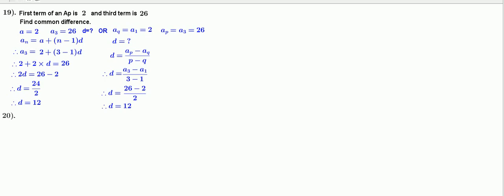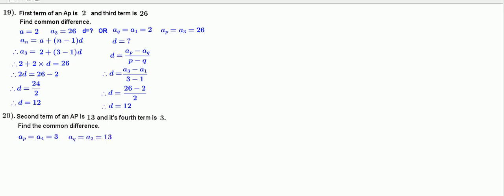Let us take problem number 20. Second term of an AP is 13 and its fourth term is 3. Find the common difference. Here AP equal to A4, that equal to 3. AQ equal to A2, that is equal to 13. D has to be calculated.